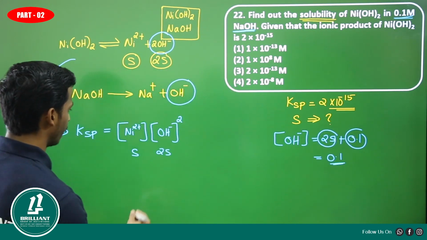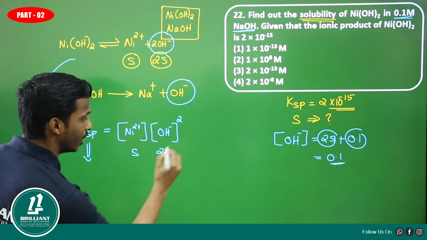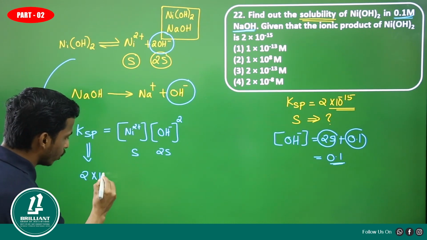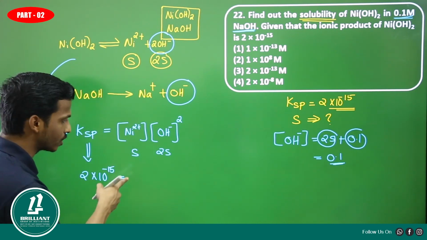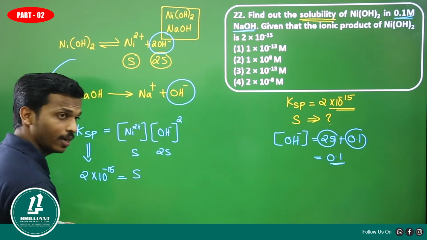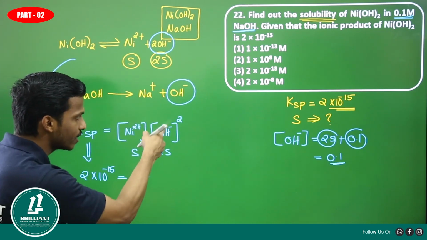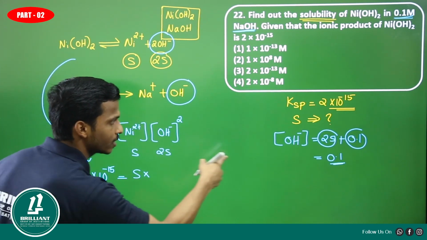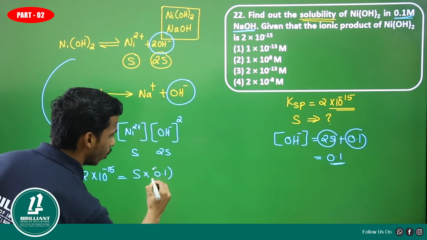Now let's calculate. We have the expression Ksp. What is the Ksp value given in the question? 2 into 10 to the power minus 15 is equal to the nickel 2 plus concentration, which is S, into the concentration of OH minus, which is 0.1, the whole square.